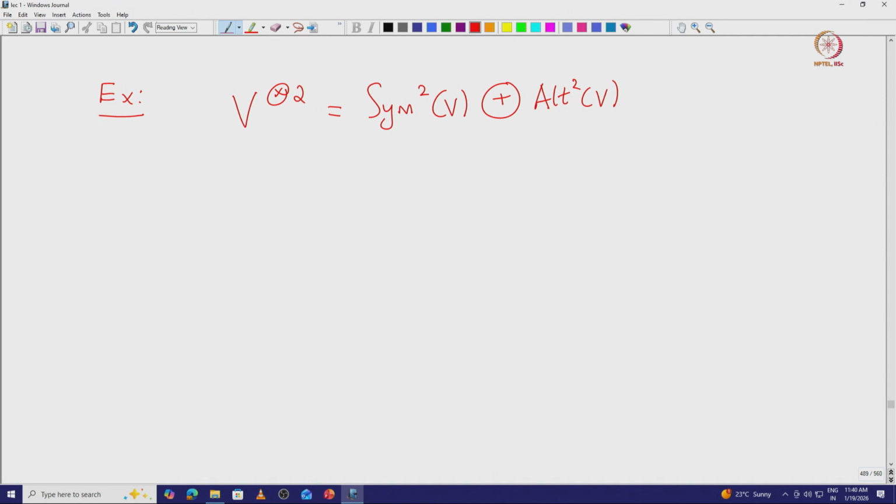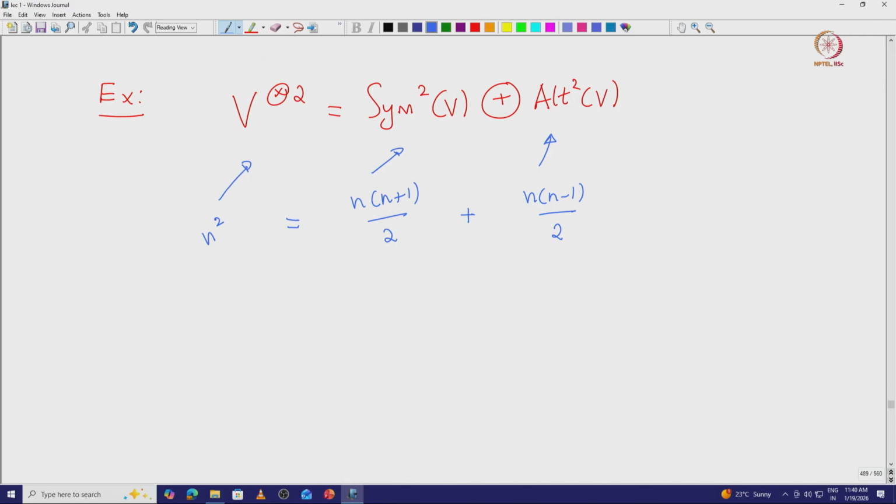If you think about the dimensions, the dimension of this is n squared, and the dimension of this is n(n+1)/2, and this one is n(n-1)/2, and when you add these two you get exactly n squared. Both of them are subspaces, that is easy to see, and the dimension matches.